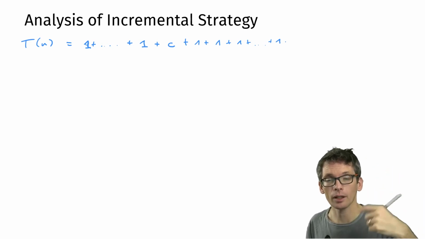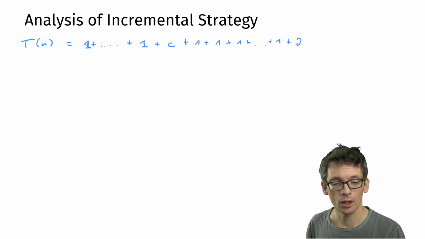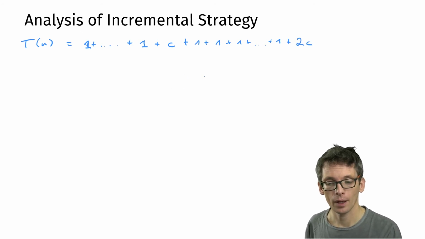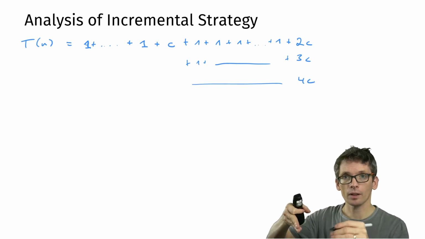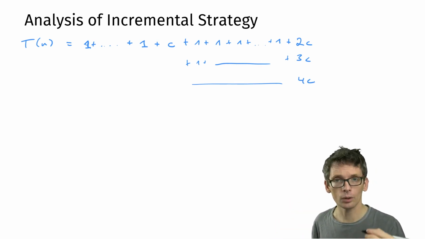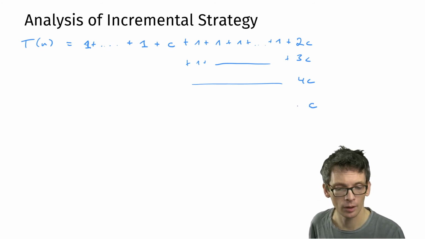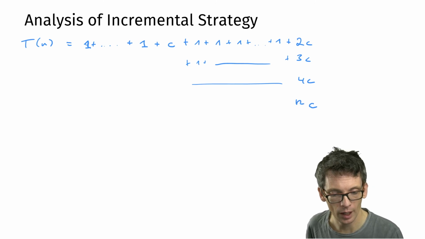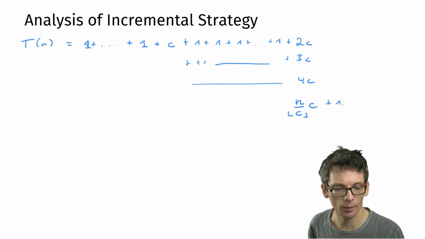And then when I insert my 2c plus first element, I have to resize, and my current size is 2c, so that costs me 2c. And so on. Again, lots of 1s, 3c. Lots of 1s, 4c. I want to do this up to n. So this goes up to n divided by c, round it down, let's say, and then we have a couple of 1s left.